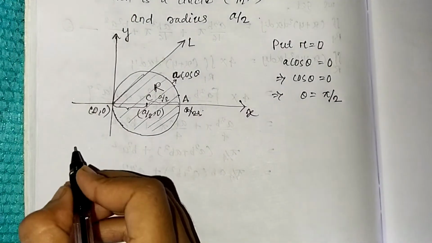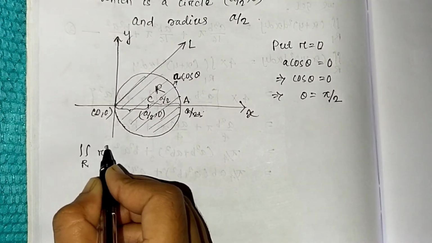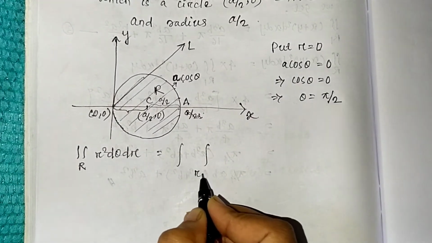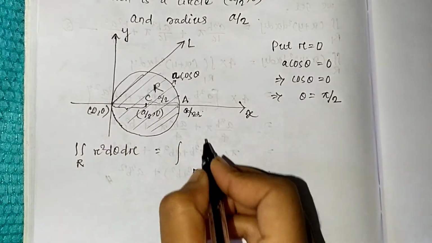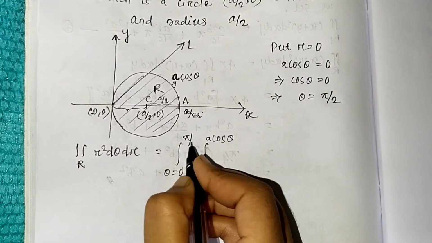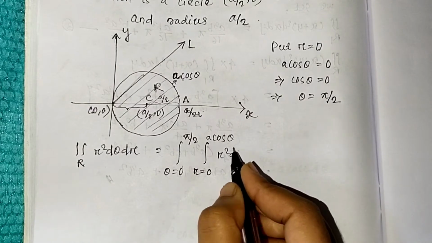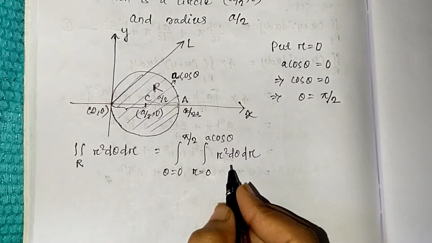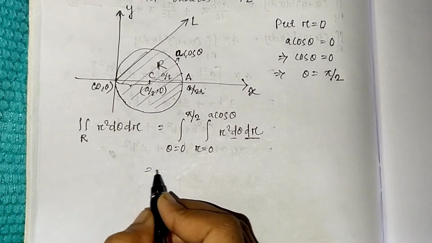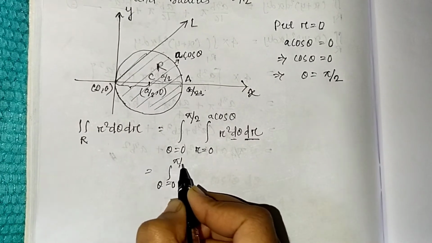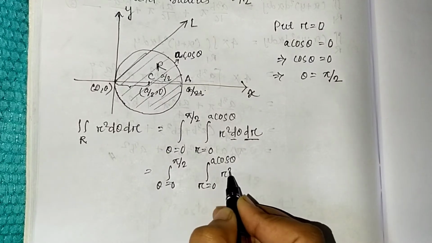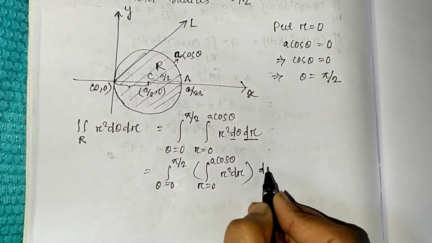So next we find the double integration of r square d theta dr. Our limits are r from 0 to a cos theta and theta from 0 to pi by 2. First we integrate with respect to r, then with respect to theta. So integration from theta equal to 0 to pi by 2, integration r equal to 0 to a cos theta, r square dr into d theta.